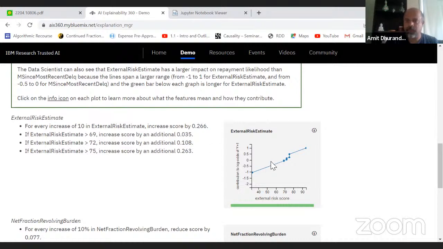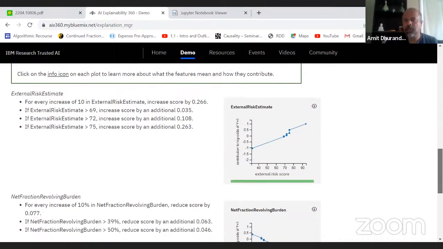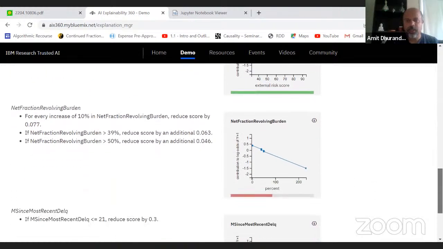You can get plots of this form to understand how this factor, external risk estimate, actually affects your chances of getting a loan. And then similarly for some of the other things. There's net fraction revolving burden and so on and so forth.